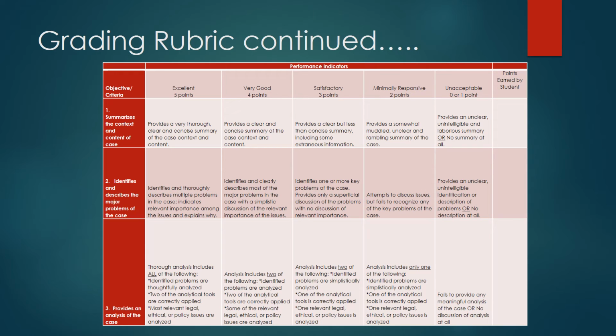The point values are quite small. So I mentioned in the previous slide that the practice case analyses is worth 25 total points, and that each area that I'm assessing is worth a total of 5 points. So just so you can kind of see what the grading rubric looks like.